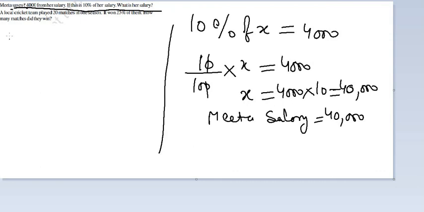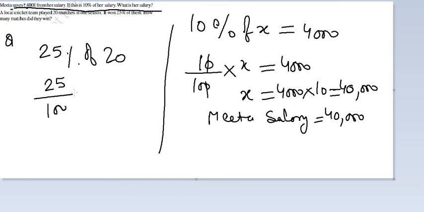Now we can go here for the last one. A local cricket team played 20 matches. If they won 25%, how many matches did they win? So 25% is the percentage of winning. But out of what? That is 20. That is 25% of 20. So we write 25 out of 100 into 20.